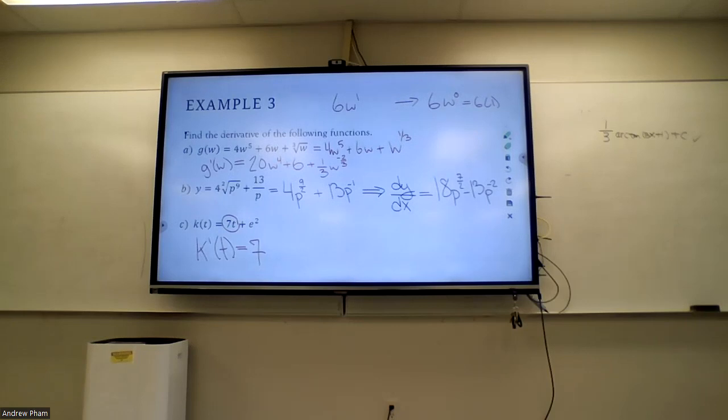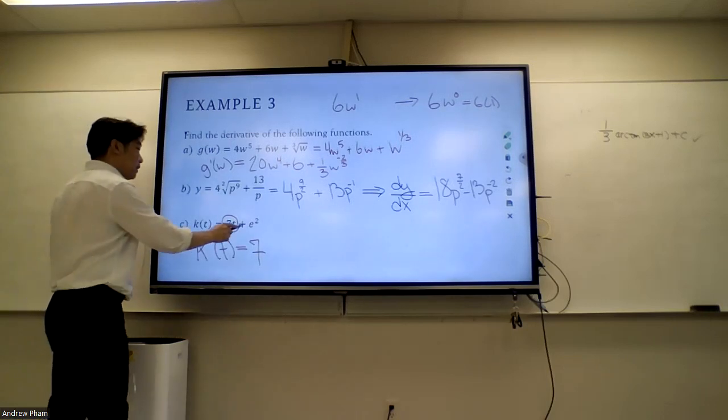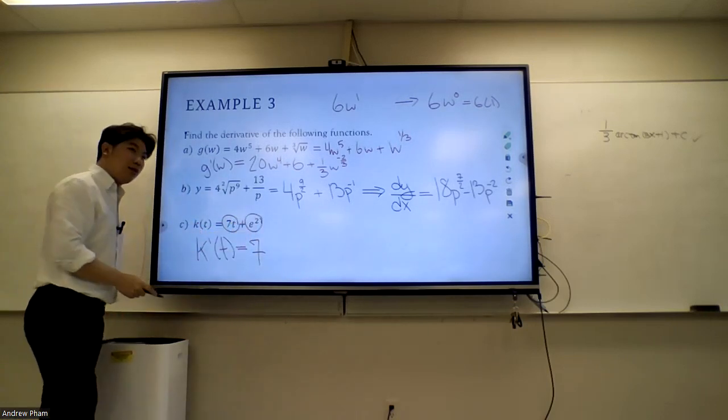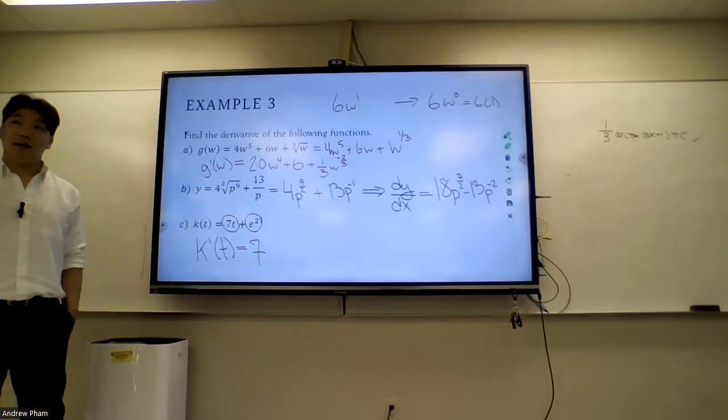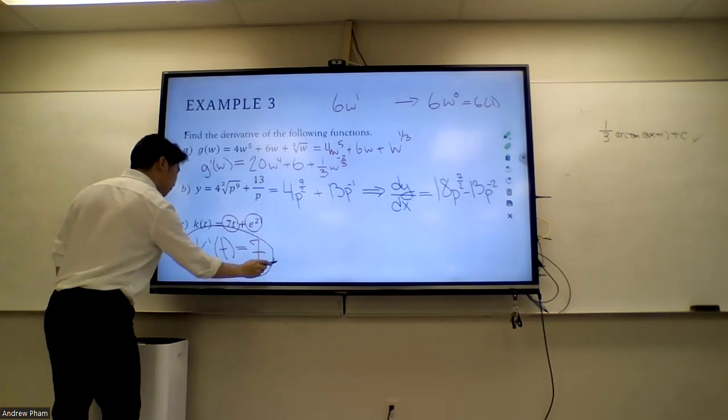So really, e squared is just a number. It's a constant. What's the derivative of a constant? 0. So this was supposed to be a trick question intentionally. E squared is a constant, and the derivative of a constant is 0, which means I'm done here.